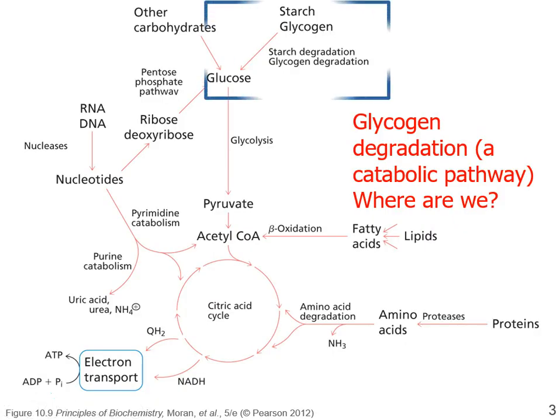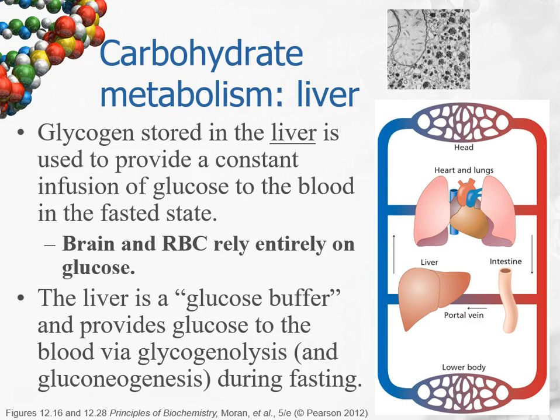So where are we? We are here. If you are a plant, you make starch, but if you are an animal, you make glycogen, so our focus will be on glycogen. Glycogen is stored in the liver, and the reason is that the job of the liver is to act as a glucose buffer.